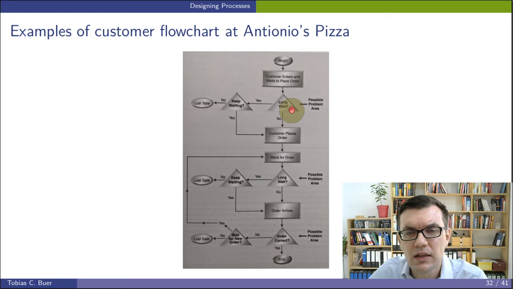If the waiting time is too long from the customer point of view, and he decides, oh, that's bad service, I better go somewhere else, then we have a lost sale. If the customer is patient with us and accepts to wait longer, then finally the customer can place the order.